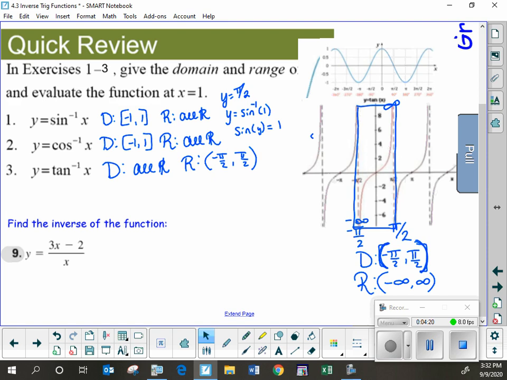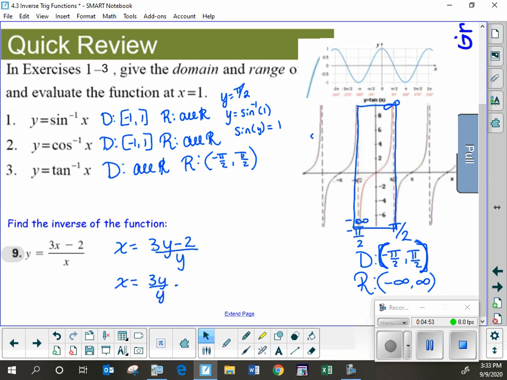And then number 9 says find the inverse of the function. To do that, I'm going to switch my x and my y's and then solve for y. So I think I might be tempted to multiply by y, and that would give me xy. You know what? I think that's going to create a bigger mess. You know what I'm going to do?